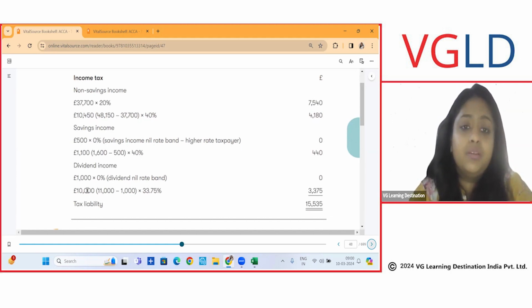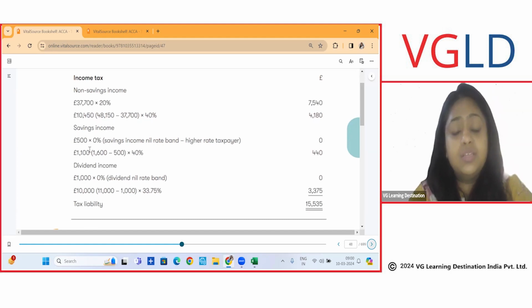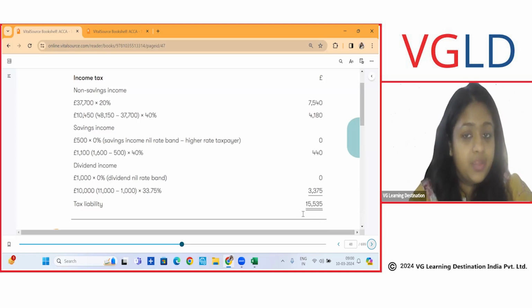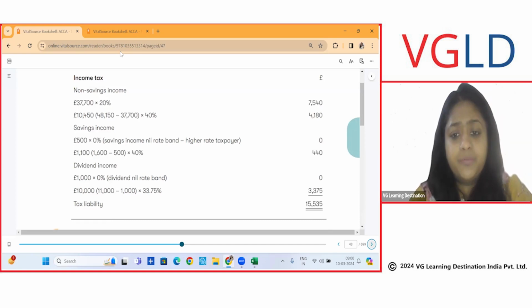The remaining dividend income, since he is a higher rate taxpayer and into the higher rate band currently, will be at 33.75%. So the total tax liability will be 15,535. So I think, Mohammed, some mistakes for you in the savings nil rate band or dividend nil rate band or dividend tax rate. Have I highlighted it correctly? Any of these three went wrong?